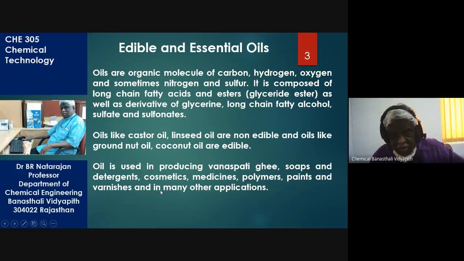And for soaps and detergent, oil is the raw material. Oil is also used for making cosmetics, medicine, polymers, paints, and varnishes, and in many other applications. So these oils, castor oil, linseed oil, groundnut oil, coconut oil, mustard oil, they are all used in producing a variety of things.